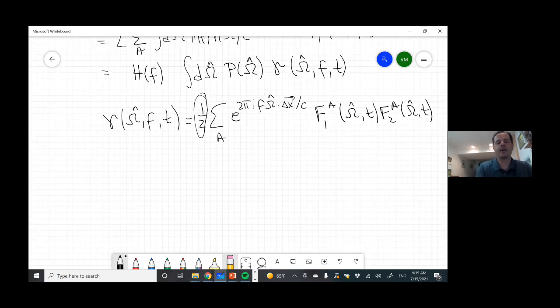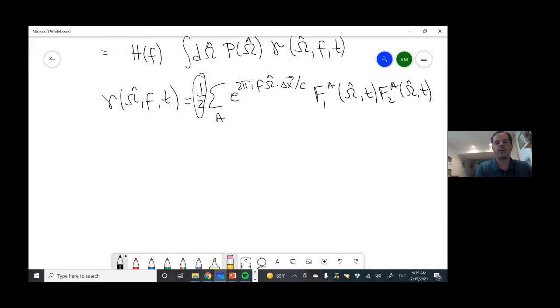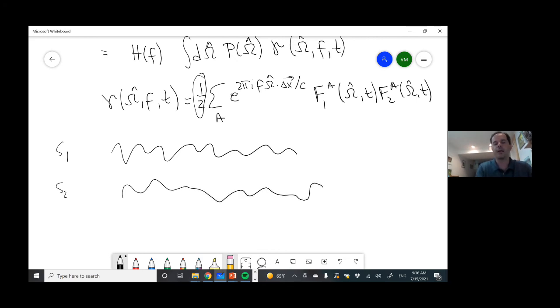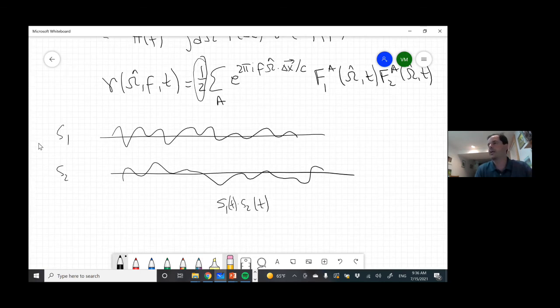If I have two noise series, here's one time series, S1 of t, and then for S2 of t, we'll have a different noise series. They're both fluctuating around 0. When I calculate S1 of t times S2 of t, at any given time the product could be either positive or negative, right?